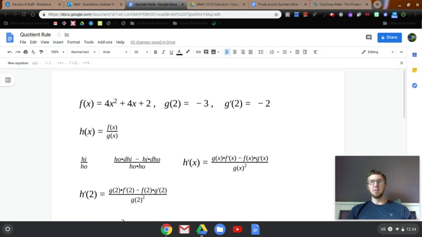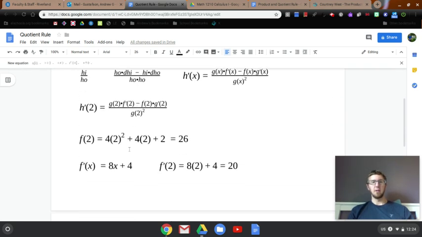If you use the power rule, we bring the 2 down, 4 times 2 is 8, and subtract 1 from the exponent, and we end up with 8x plus 4. Same thing, bring the 1 down, times 4 is 4, subtract 1, we get 0 x's there. If I plug in 2, 8 times 2 is 16, plus 4 is 20.